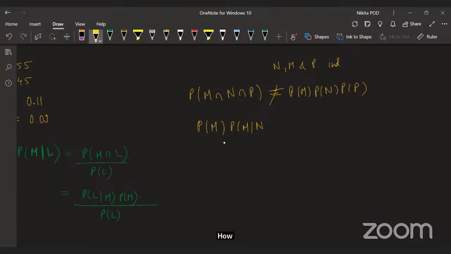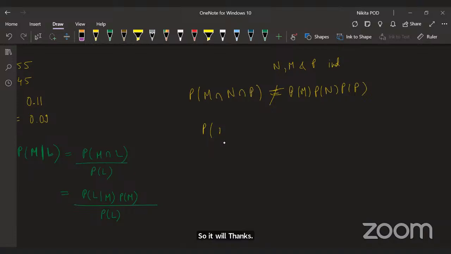You can write the probability of M, given N, times the probability of M given N intersection P. No, ma'am, that's wrong. Sorry, yes, it is opposite.